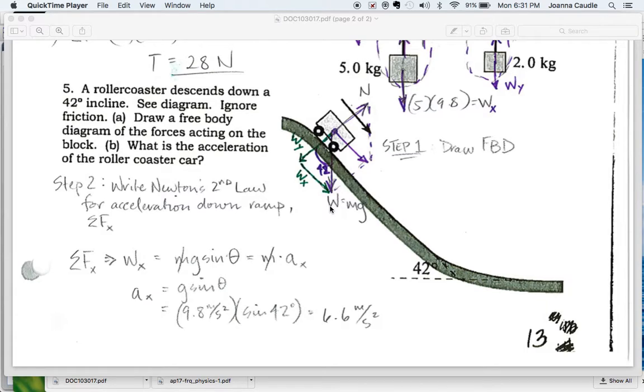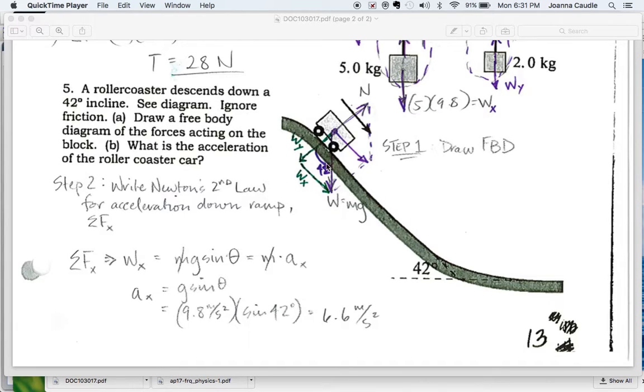Remember that on an incline, gravity acts in two directions. There's a component that holds the roller coaster car on the track, that's the y component, and there's a component that makes it accelerate down the track. So those two components, which I've shown in green here, add together in a vector method to give me the full weight of the roller coaster car.